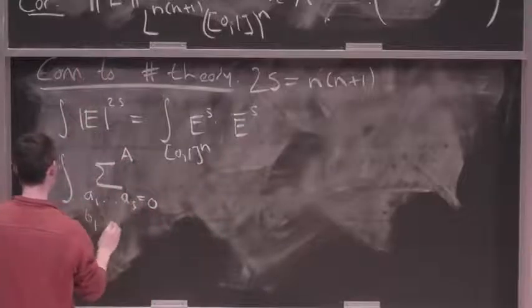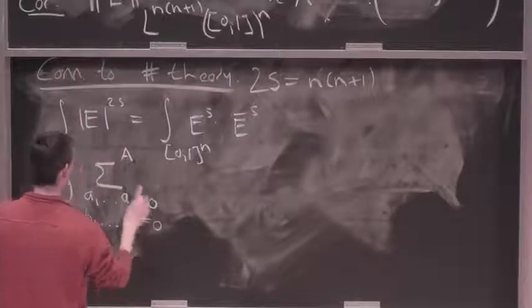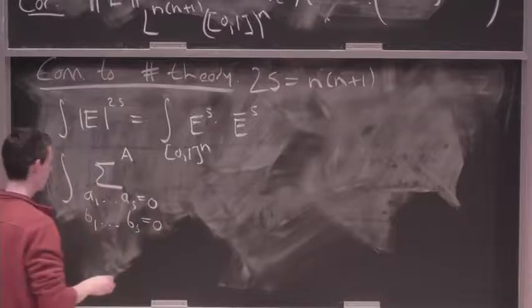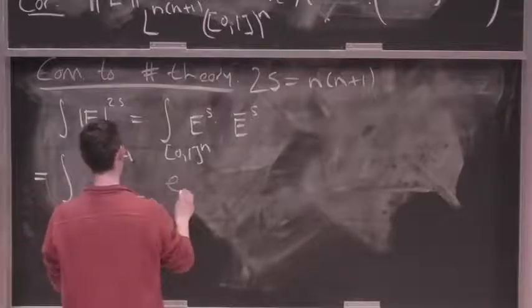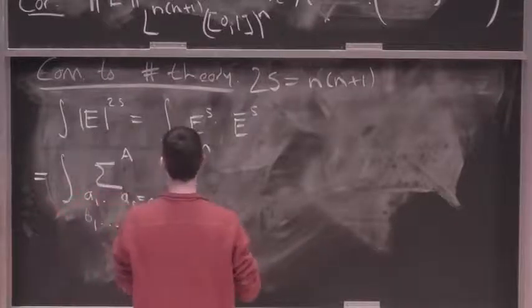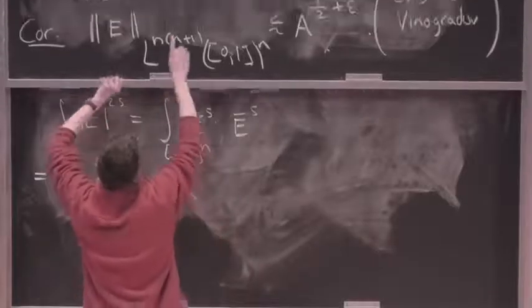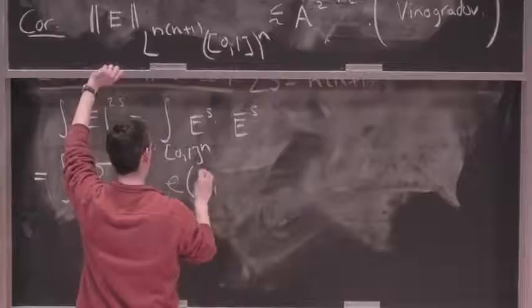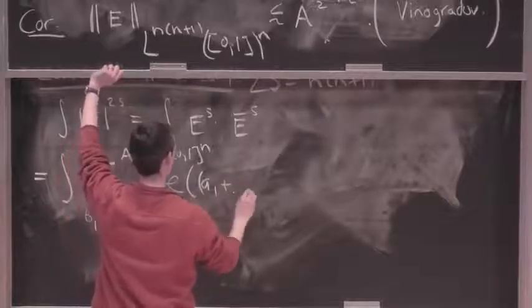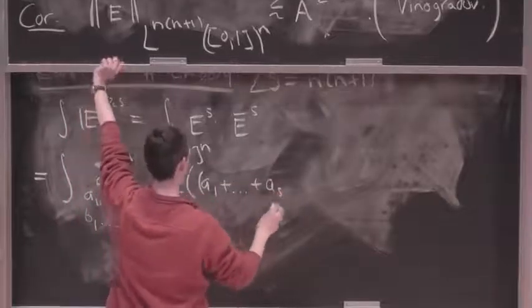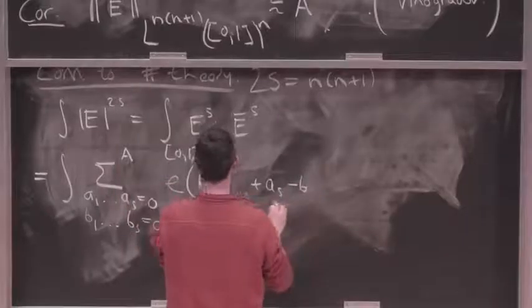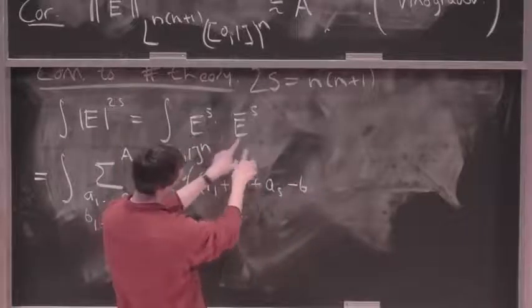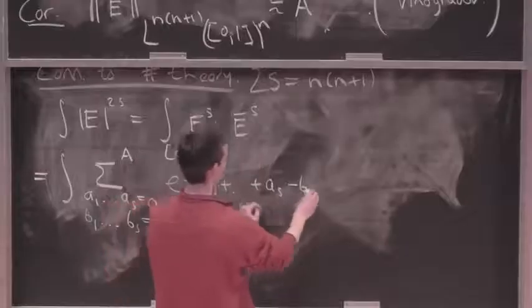I'll call those b1 up to bs. They also go from 0 to A. And then the thing I'm summing, let's just think about the coefficient of x1. So I get an a1 x1 plus ... a_s x1 from these guys. And then I have minus signs because of the complex conjugation for the b's.